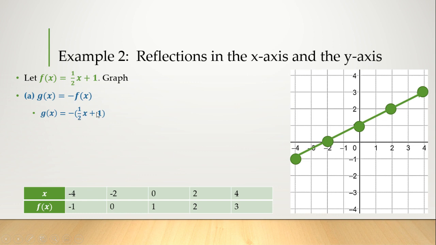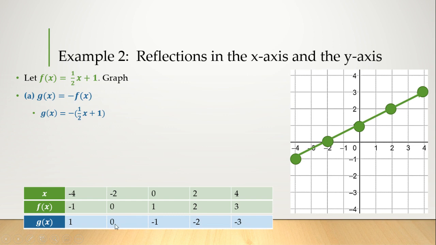Negative 1 plus 1 is going to be 0. At negative 2, I also got a 0. But I just put in all these x numbers again so that I can get some outputs that I can now graph. And so there are all of my outputs for g of x.